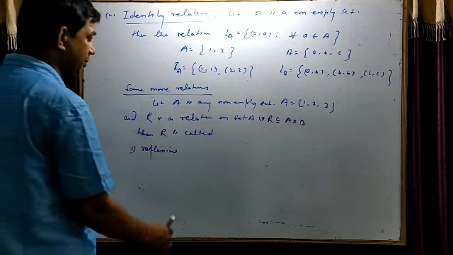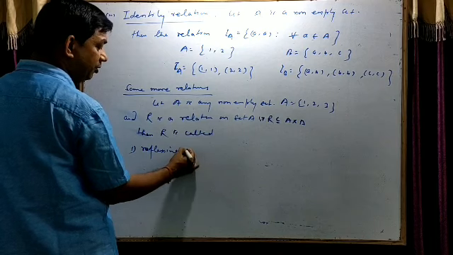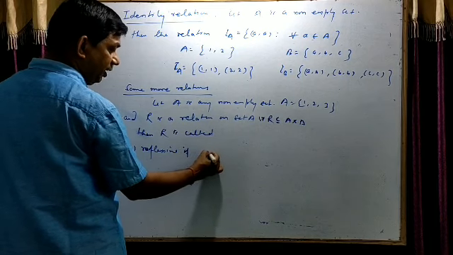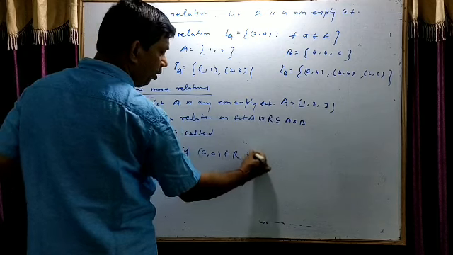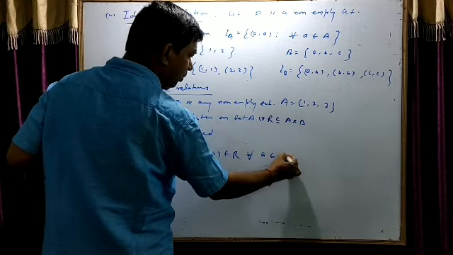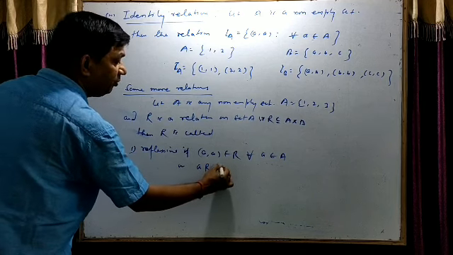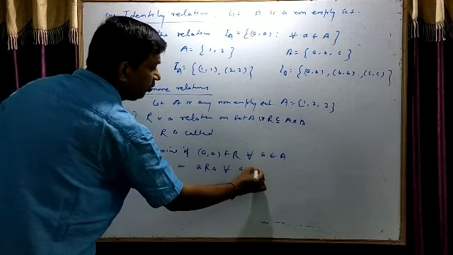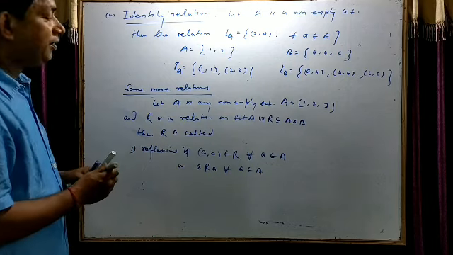It is called reflexive if (a, a) belongs to R for all a belongs to set A, or a related to a for all a belongs to A, then this R is treated as reflexive relation.